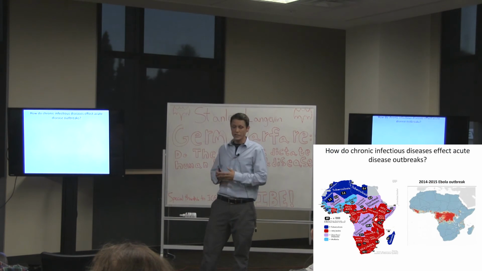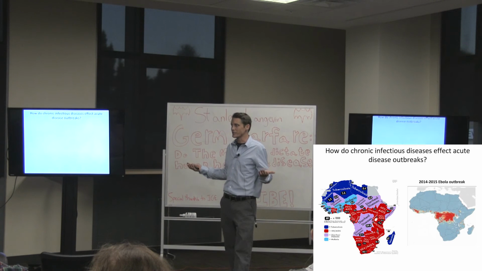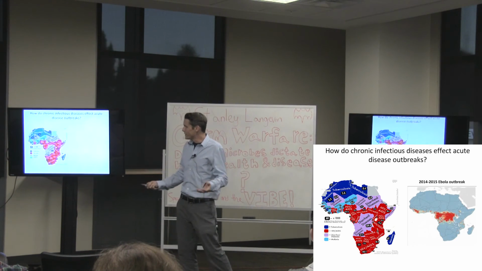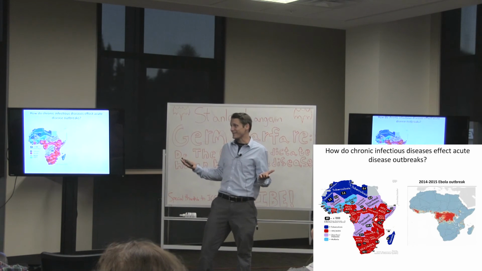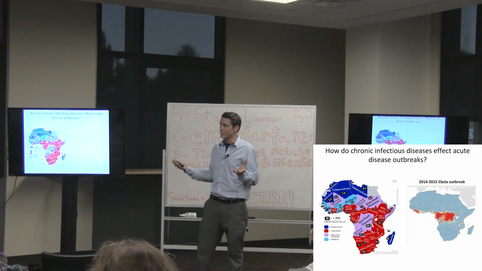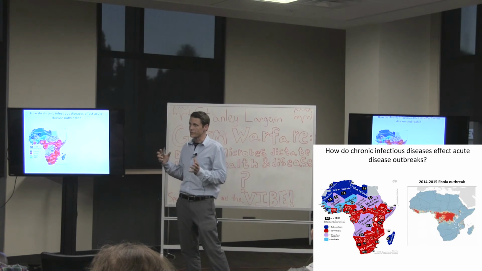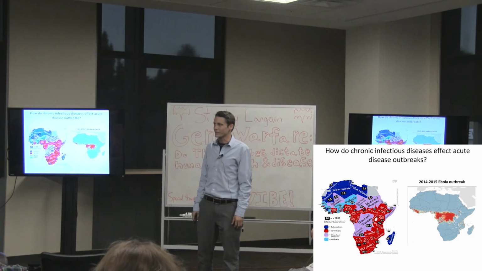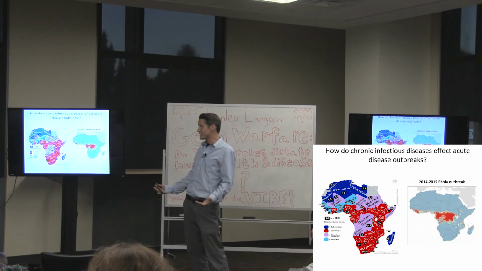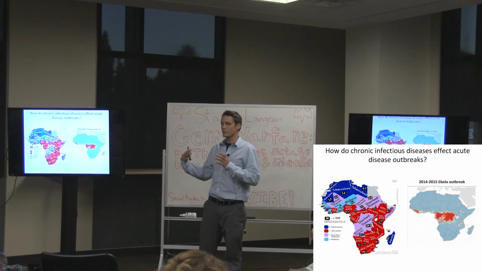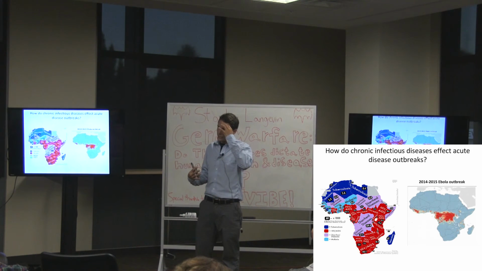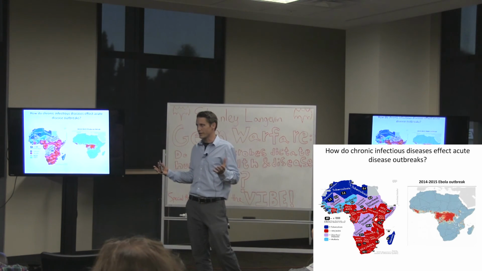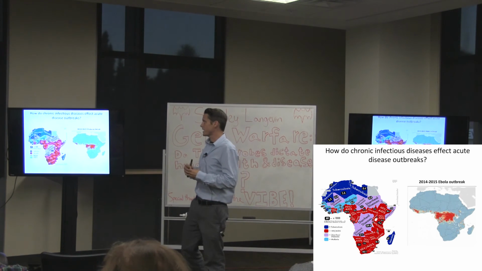So I started to think about that and say, okay, now we have chronic diseases everywhere. We have all this stuff going on. So how does this affect disease itself? There's a nice map of Africa that shows this really crude idea of these chronic diseases that infiltrate different geographic areas. And I said, well, what happens if you overlay the Ebola outbreak onto that? You can start to see that certain diseases are going to be more prominent than others because the populations are already susceptible due to the chronic diseases they have, whether it's HIV, malaria, or diarrheal diseases, and that these could actually be significant drivers.